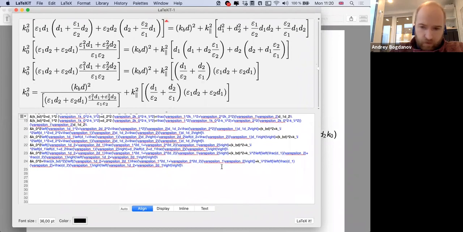K parallel fraction also I should write here.